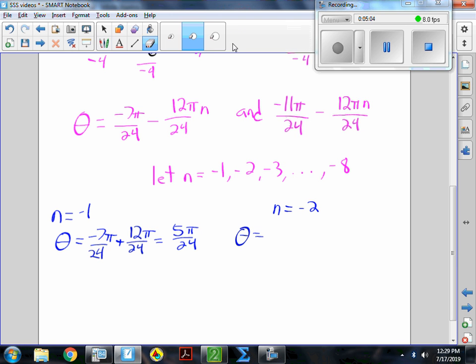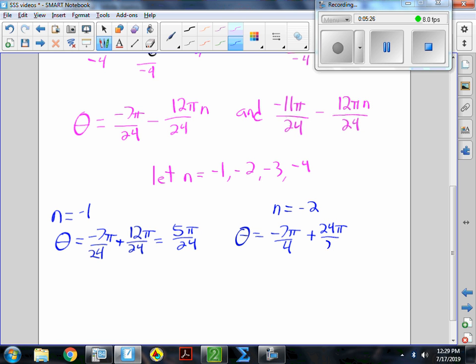I'm actually not going to need all these, negative 8. I'm just going to need up to negative 4, because there's two different equations, so I need 4 from each equation. For n equals negative 2, theta equals negative 7 pi over 24 plus 24 pi over 24. Negative 7 plus 24 is 17.